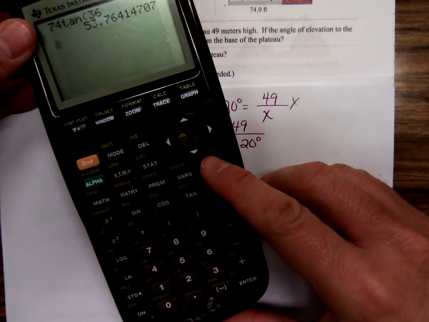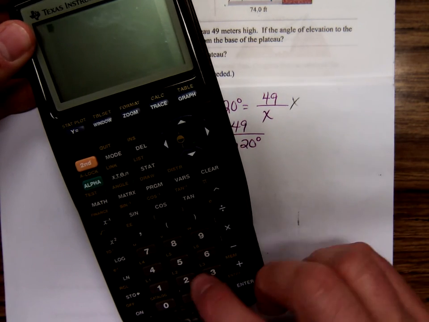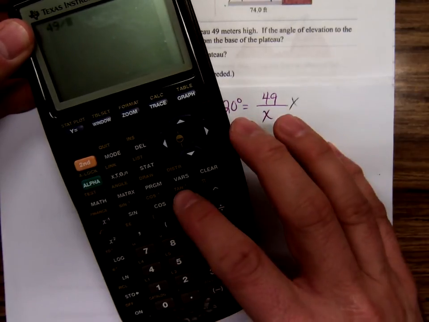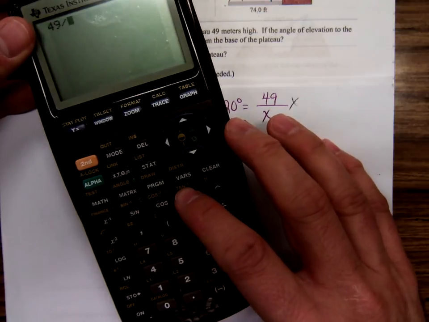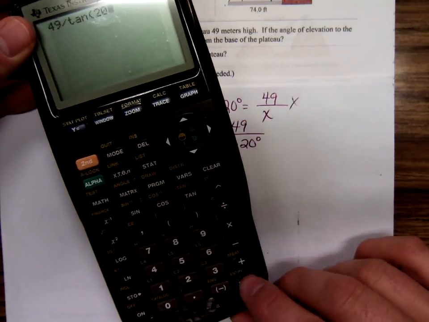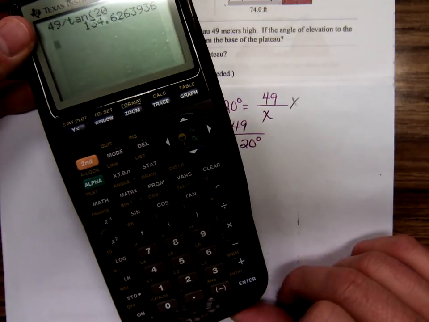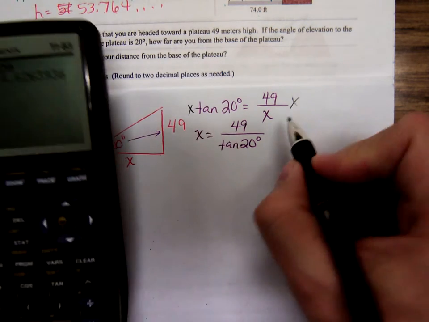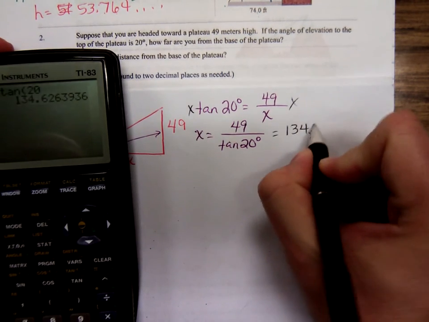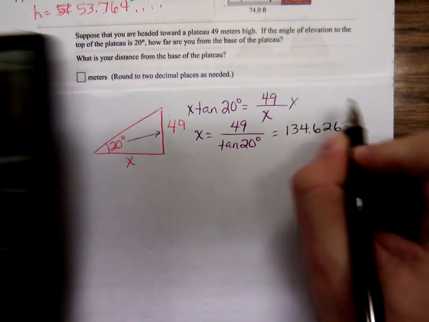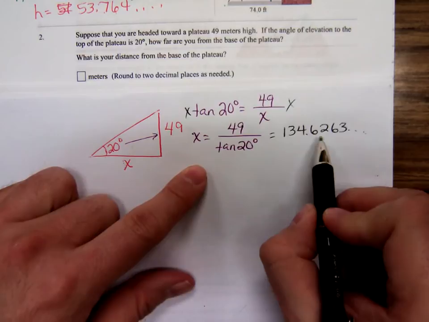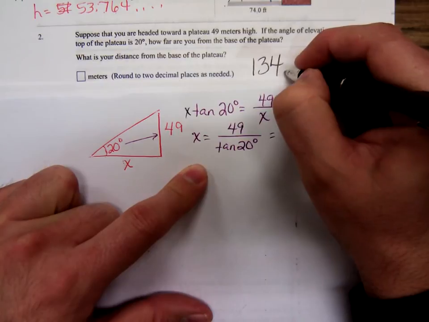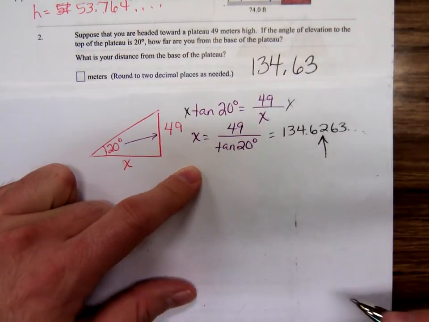So I'm going to go 49 divided by tangent 20, 134.6263 dot dot dot. We're told to round to 2 decimal places. That'll be 134.63.